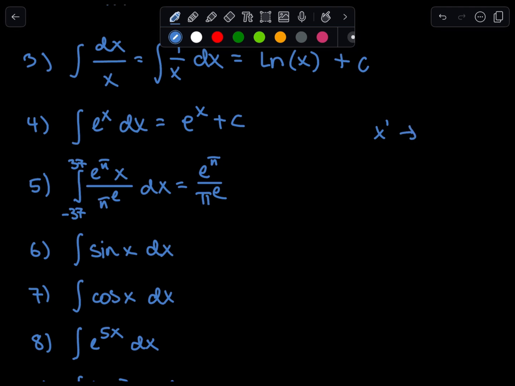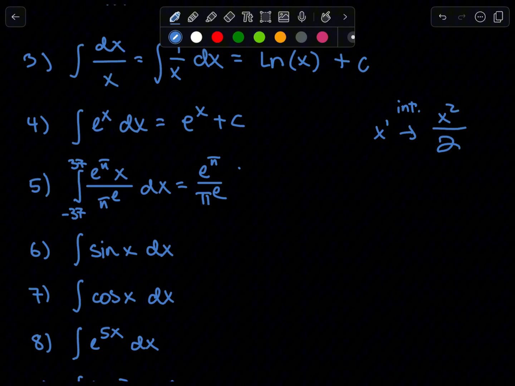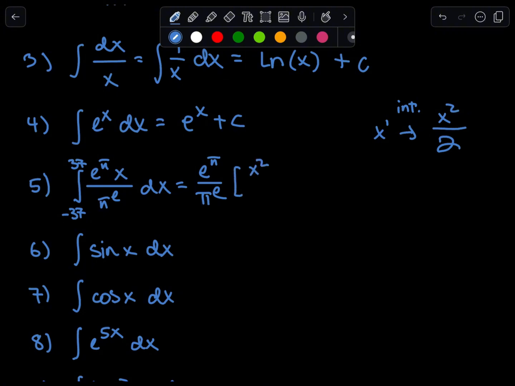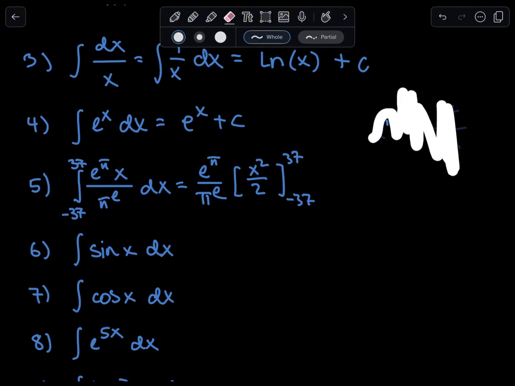So when you integrate, remember we add 1 to the power, so we get x squared, and we divide by the power plus 1, so that's 2. So we get x squared over 2, but we use the square brackets because we have to evaluate this expression between minus 37 and 37, okay? So this is the alternative way of solving this integral.